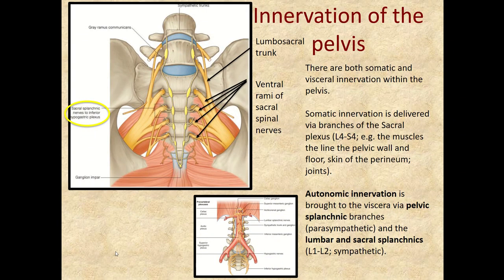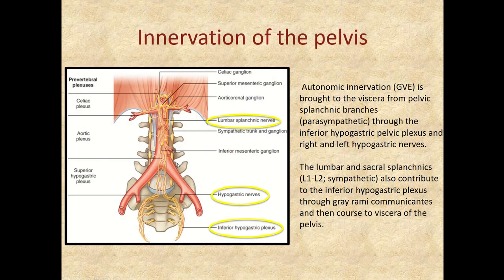Another way that sympathetic innervation can get down into the pelvis is through extensions of nerve plexuses that already exist in the abdomen as they continue down. Here you can see the inferior mesenteric ganglion and the superior hypogastric plexus, and you can see that the hypogastric nerves, a left and a right one, are going to descend over the pelvic brim and make a new plexus called the inferior hypogastric plexus.